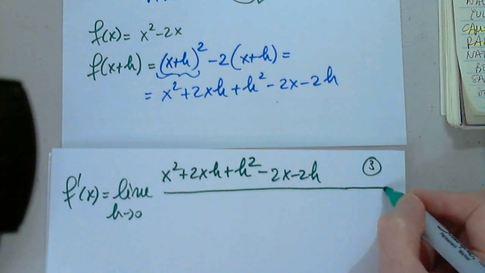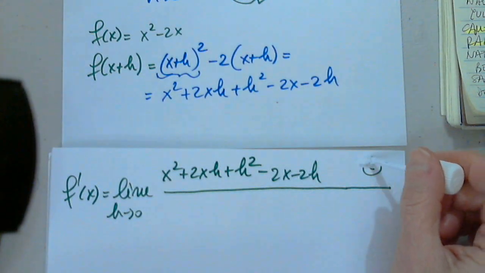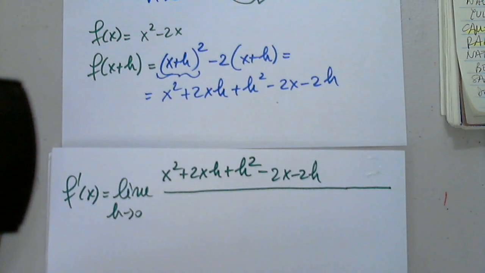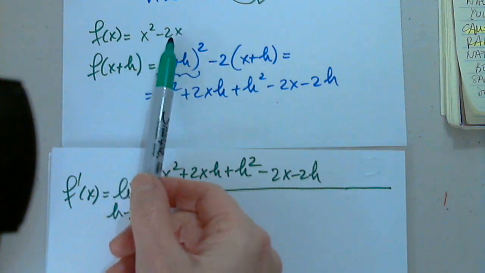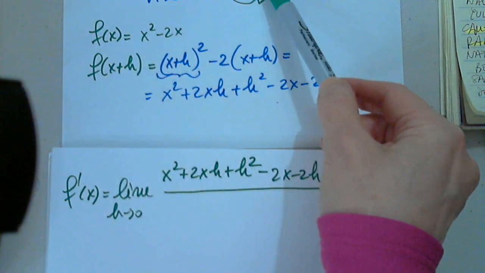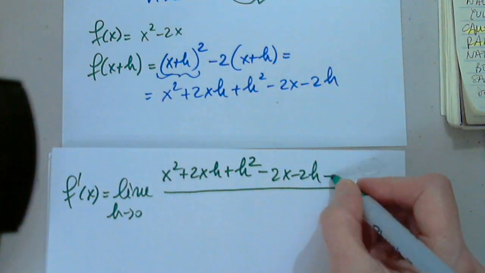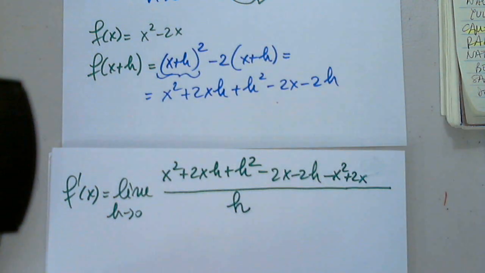And always watch me run out of room. I always run out of room. Always. I'm going to write the page number somewhere else because it's in the way. And of course, now I have to distribute the negative 1 here because it's minus f of x. So then minus x squared and plus 2x, everything divided by h.